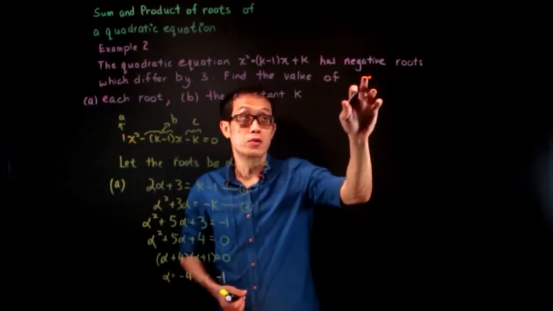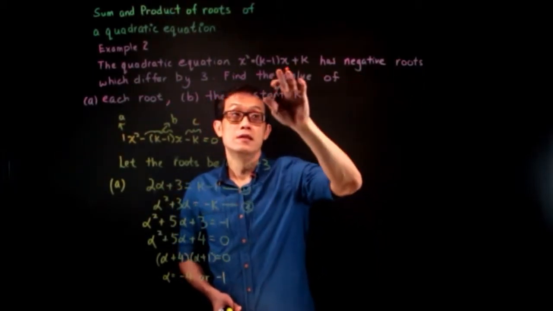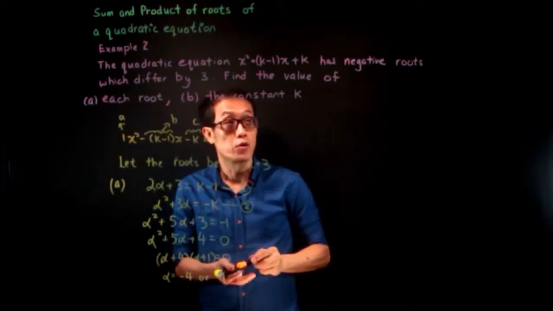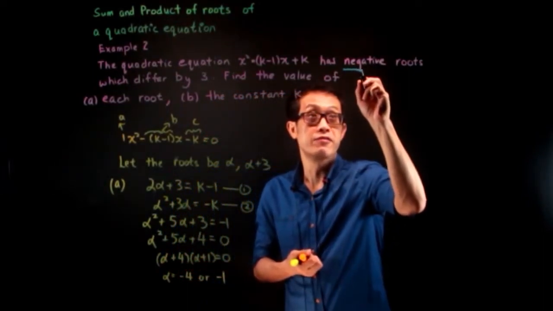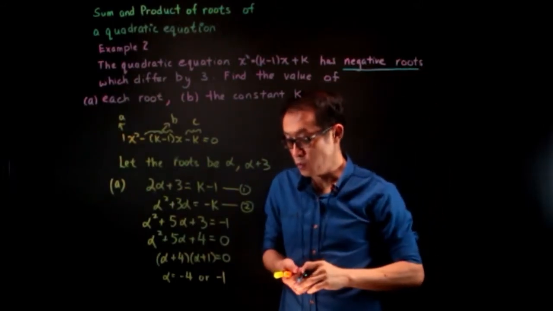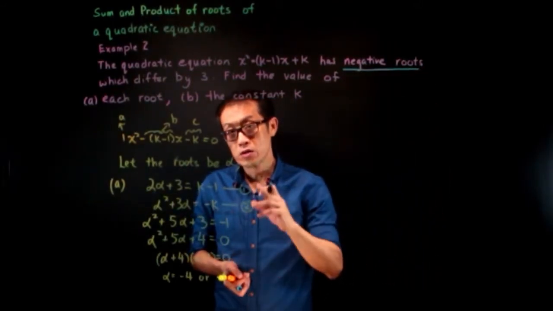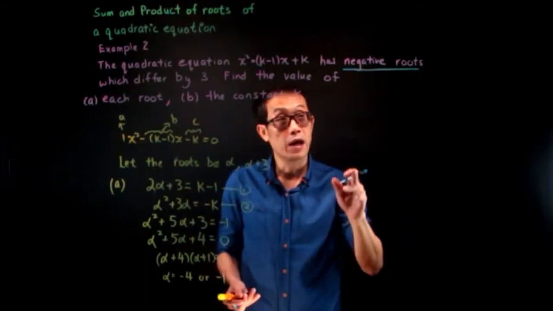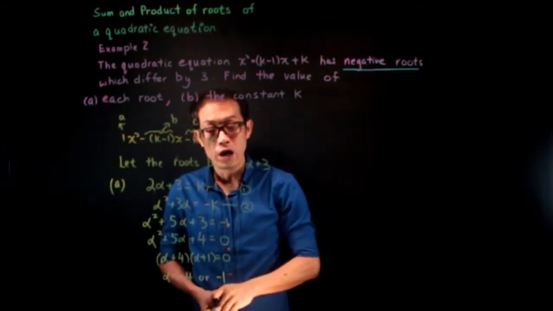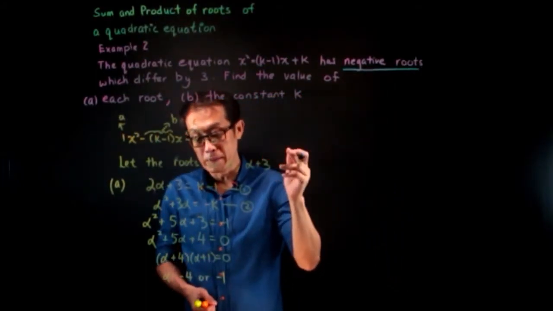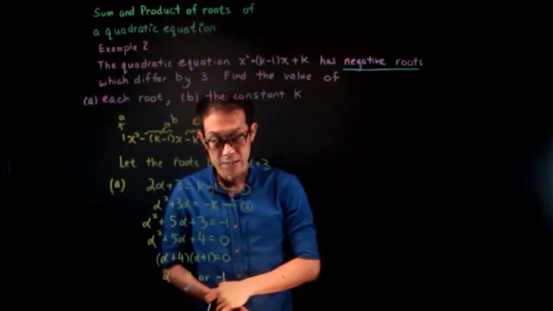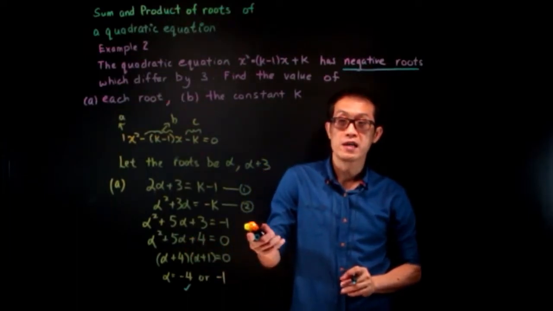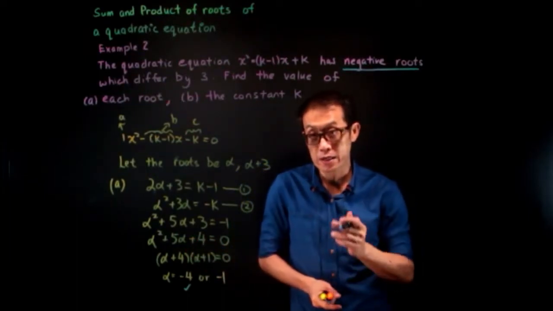Now, please take note that this part of the question says both roots are negative. So assuming that alpha is minus 4, alpha plus 3 will be minus 1. So yes, we accept this answer. But if alpha is minus 1, alpha plus 3 is 2.